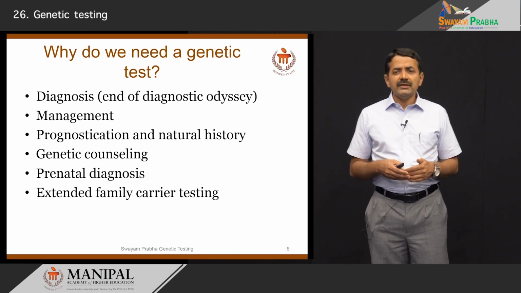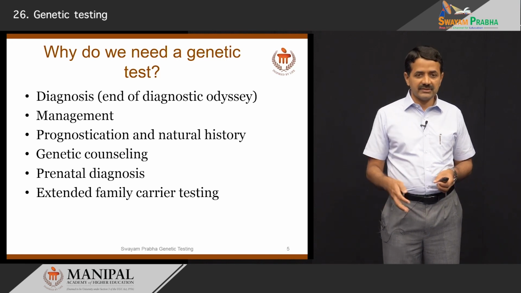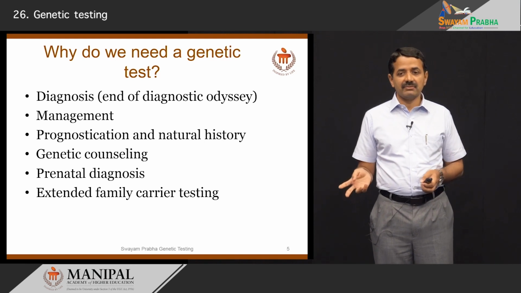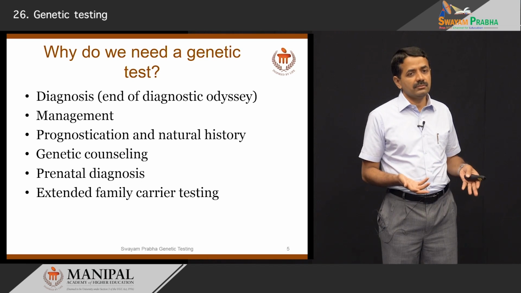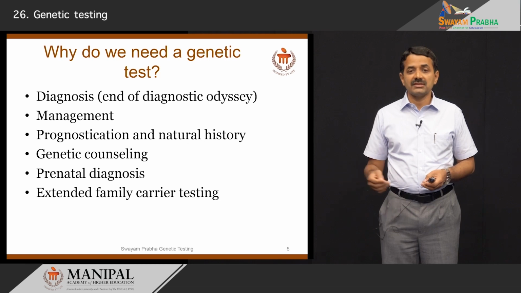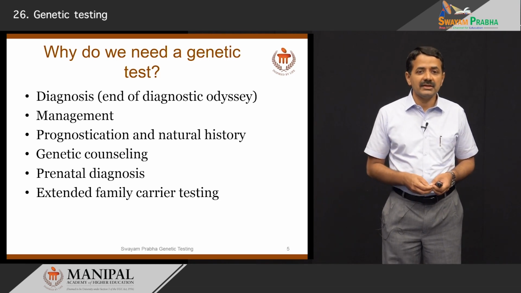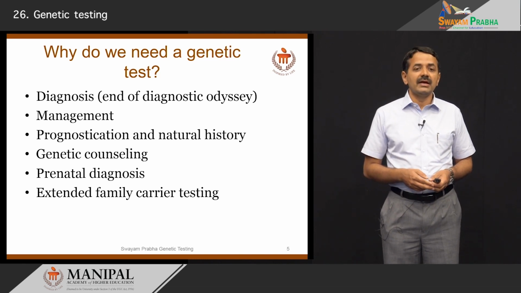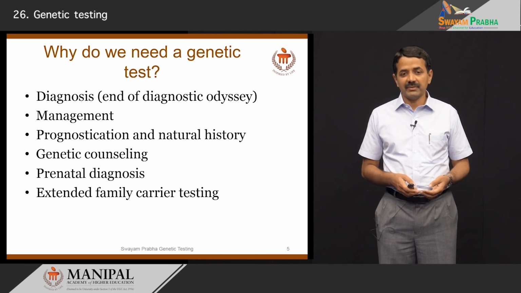Before we begin, why do we need a genetic test? Many times it is for diagnosis of a genetic disorder. Often they have traditionally been investigated by clinical evaluation or other tests, and then we might have to narrow down a diagnosis for better management, better prognostication and explaining the natural history of the disease. Genetic counseling tells about the risk of recurrence or risk of occurrence, and how to handle a situation where there is a genetic disease in the family.